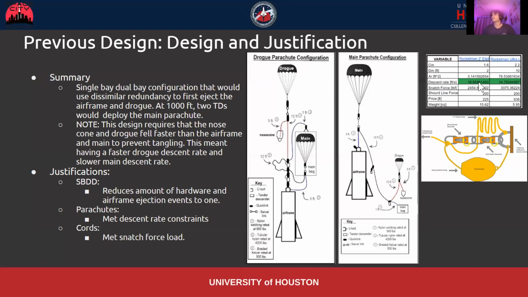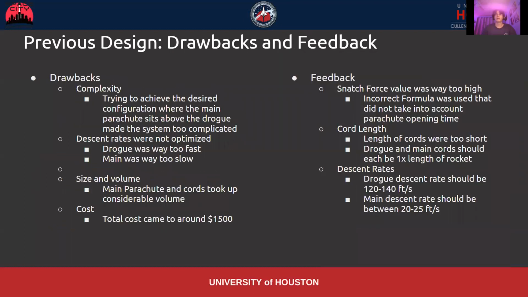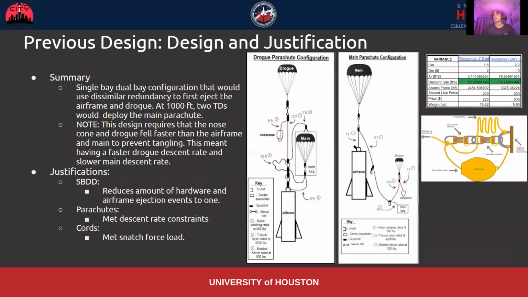So this 16.85 feet per second would be how fast the drogue and the nose cone would be falling. And then the 14.78 would be the main and the airframe. That's how fast that would fall. But I think I'm getting a little bit ahead of myself here. But yes, this would work.